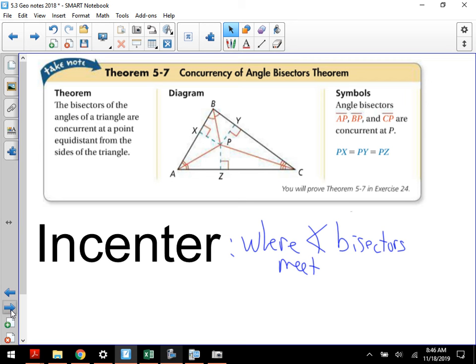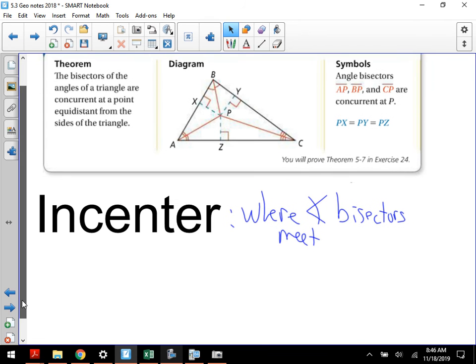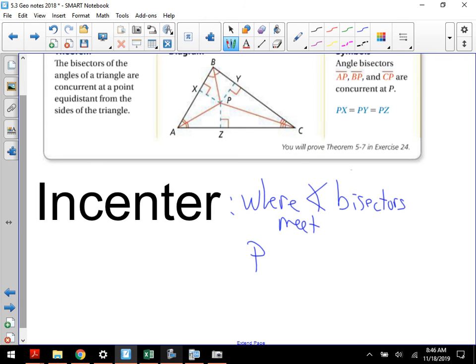And these guys are all, no, it's the point to side that are congruent. Okay? In the incenter, it's point to side that is congruent.